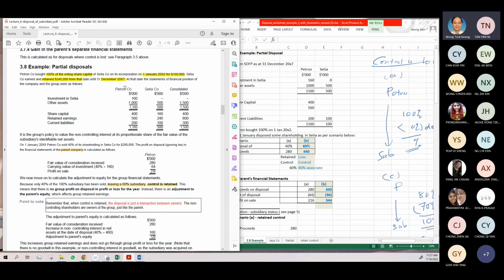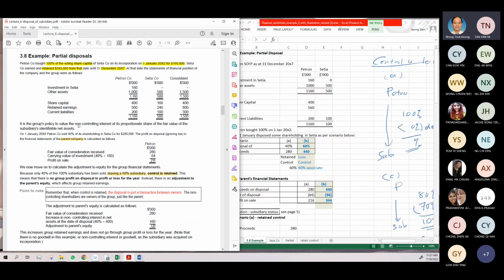So they have given you the Petrol and Sedia consolidation, so the console level as well as individual company level. So the group profit NCI uses proportionate share of fair value. So this is partial goodwill. So on 1st January, Petrol sold 40% shareholding in Sedia for 280. They sold 40% of it.